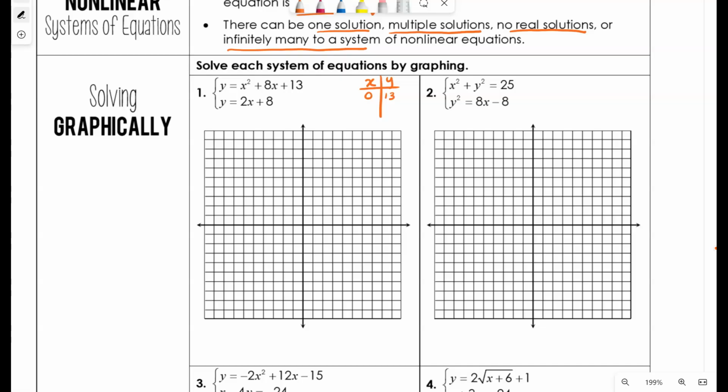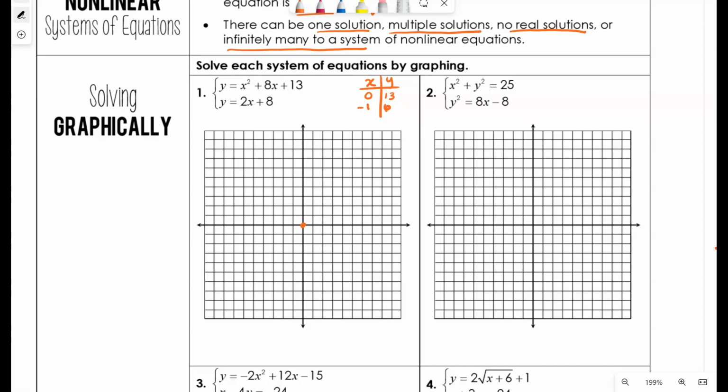Let's say x is 1. At 1, I end up with 1 plus 8 times 1 plus 13. Actually, I don't want to go 1. Let's do -1 because we want some negative values in there. We want to get closer to the origin. So if I plug in -1, I'm going to have 1, and then a minus 8, which gives me -7, and then -7 plus 13 gives me a 6.